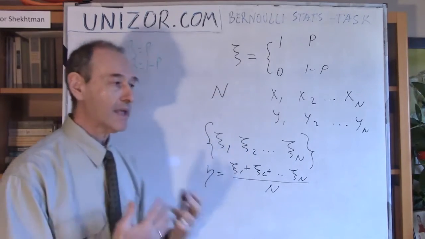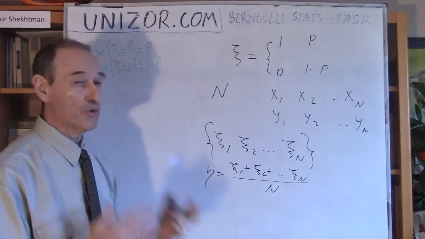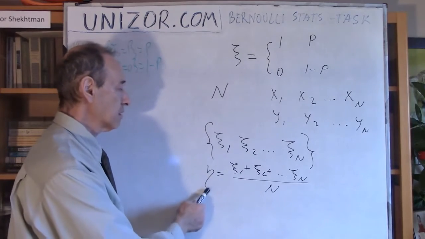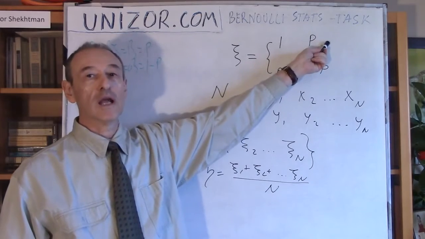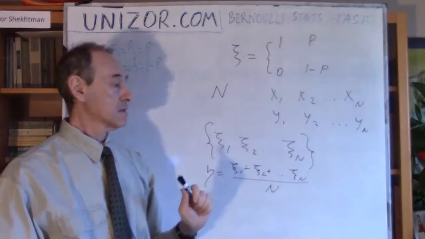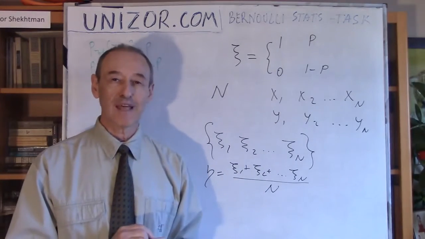So I would like again to formulate the task. I would like to prove that under certain conditions this particular random variable will be close to the constant which we don't really know.